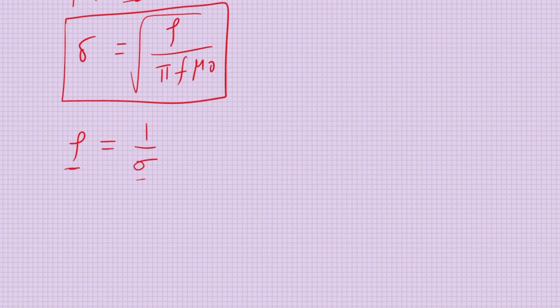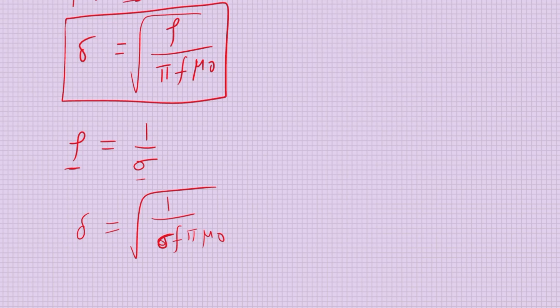If I substitute 1 by sigma in place of rho, my delta becomes 1 divided by sigma times f times pi times mu naught, all under a root. This is the relation for our case.